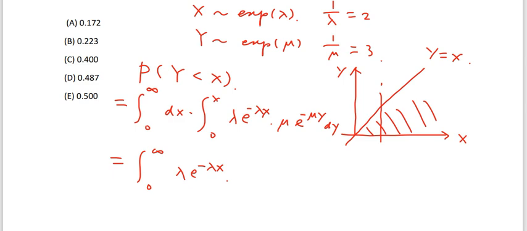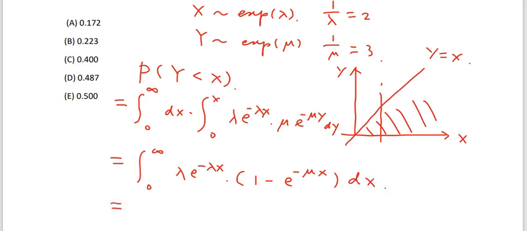This is just the probability of y less than x, so we can use the formula. This probability is 1 minus e to the negative mu x, dx.